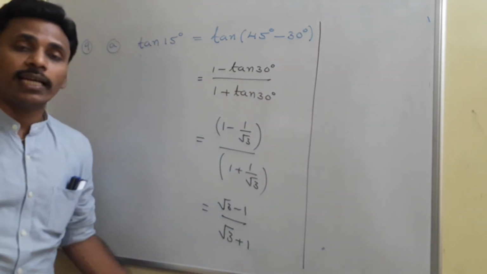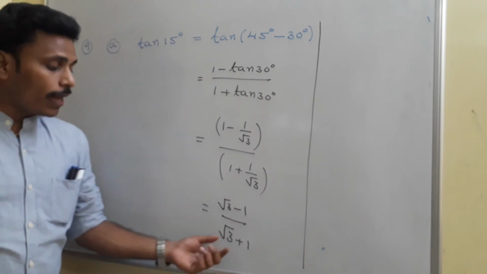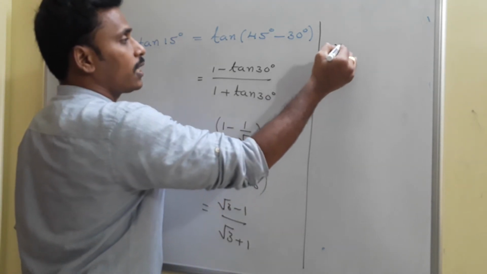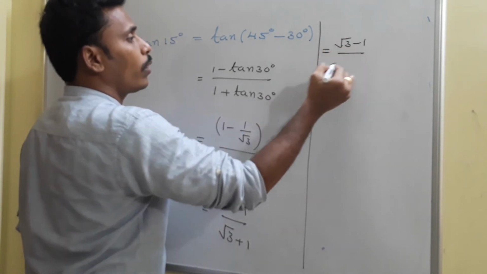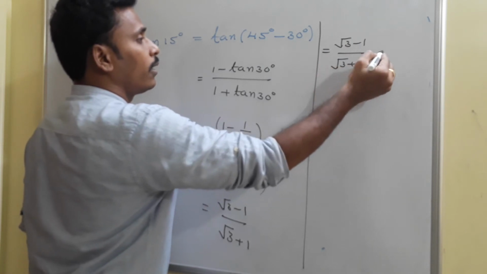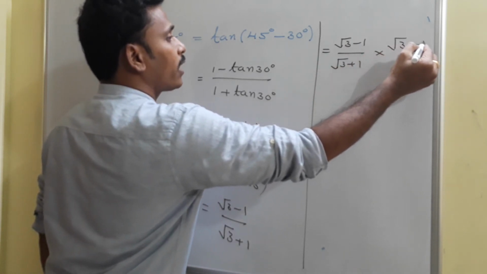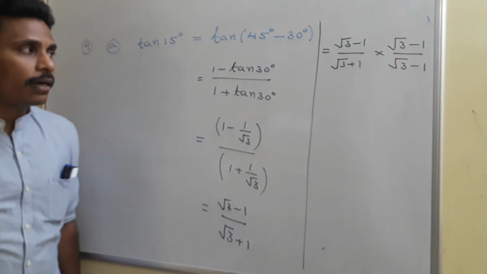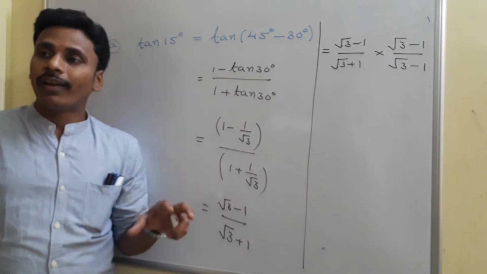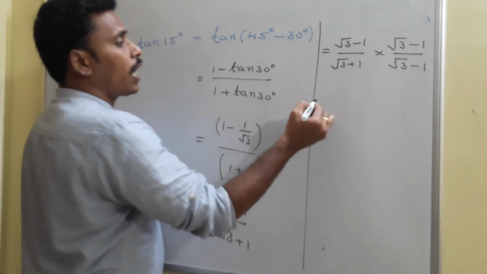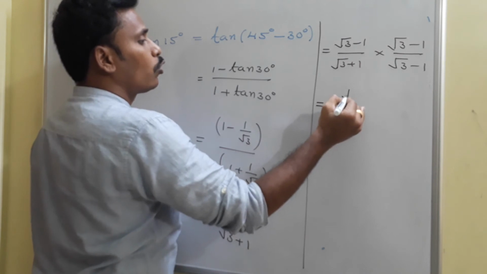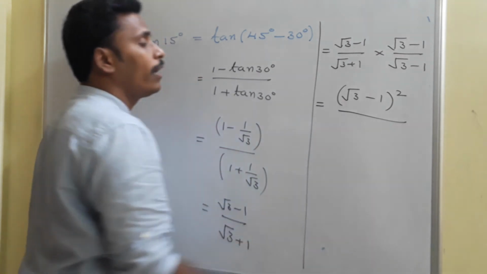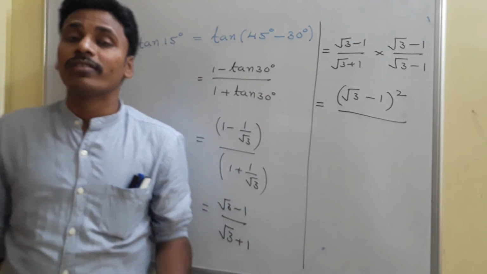Here in the denominator we have root 3 plus 1. To eliminate that irrational part in the denominator, you do like this. This is equal to root 3 minus 1 by root 3 plus 1 into root 3 minus 1 divided by root 3 minus 1. I multiplied both numerator and denominator by root 3 minus 1. Now look at the numerator: root 3 minus 1 whole square. In the denominator, root 3 plus 1 into root 3 minus 1.